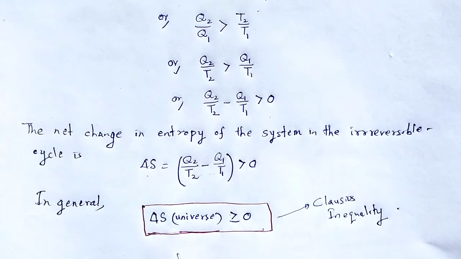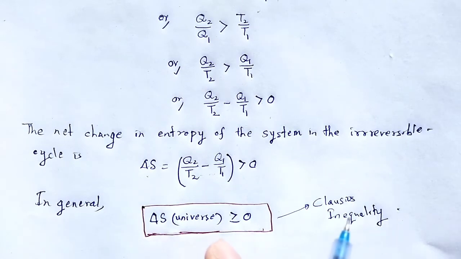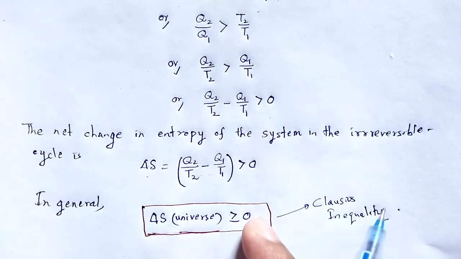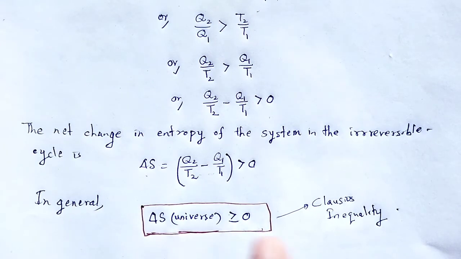Here the equality holds for the reversible process. In a reversible process, del S is equal to 0, and the inequality, del S greater than 0, is for the irreversible process, and universe stands for the system plus surroundings. So that equation indicates del S is equal to 0 for a reversible process and del S greater than 0 for an irreversible process.